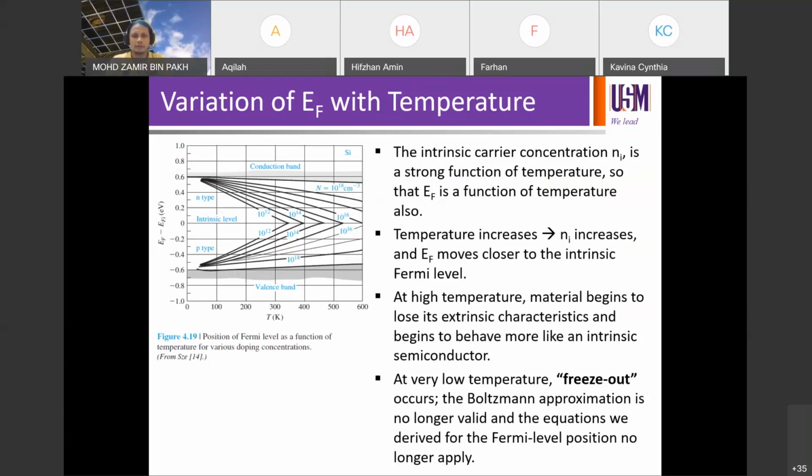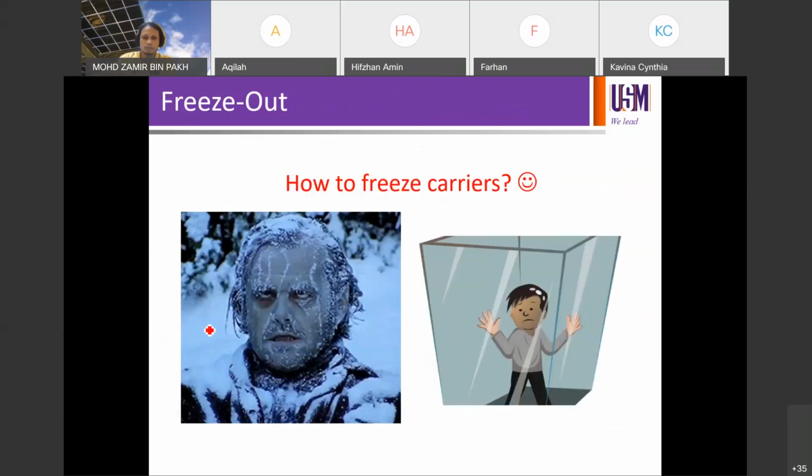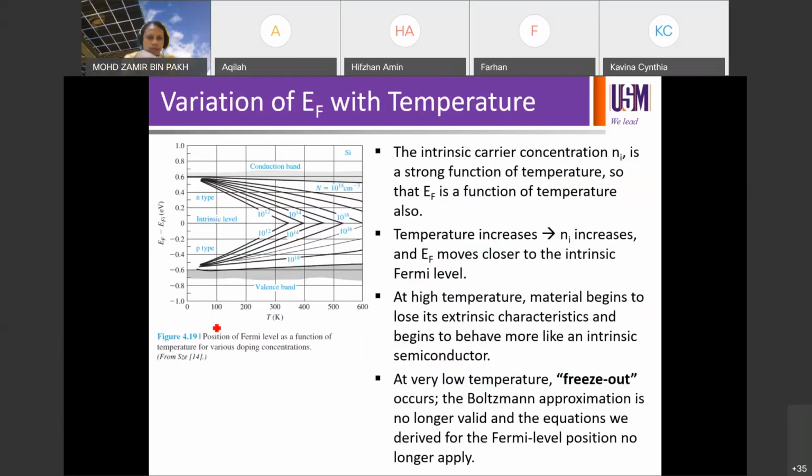So as the temperature increases, if you go to the right on the x-axis, increasing the temperature from 0 Kelvin to 600 Kelvin on the far right, Ni increases, so intrinsic carrier density increases, okay? Intrinsic carrier density increases as temperature increases, and as a result, the EF moves closer to the intrinsic Fermi level.